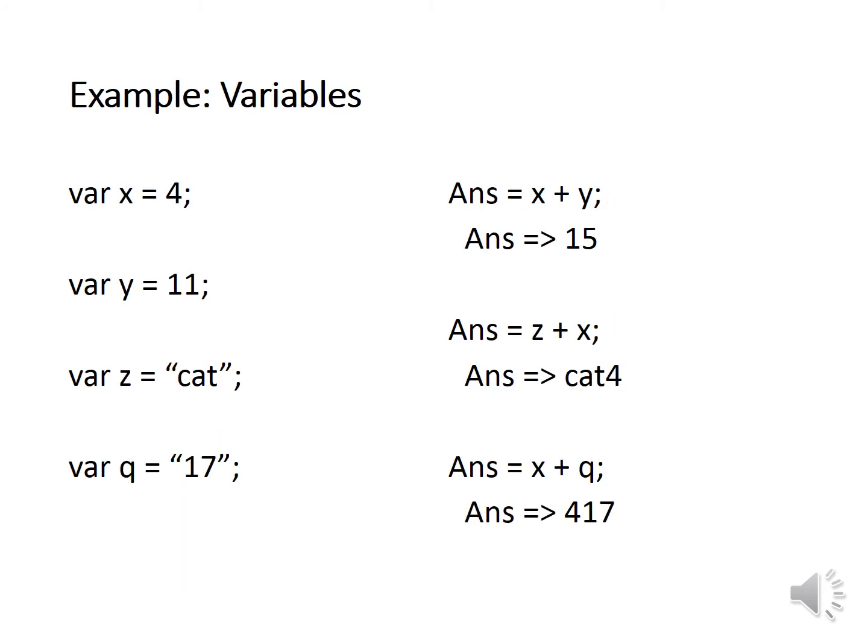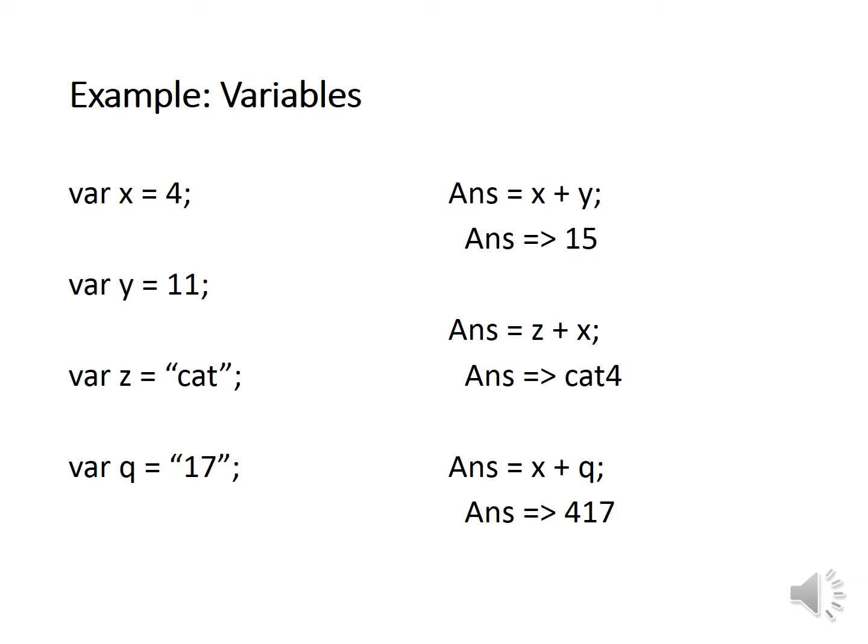That's it. So that is implicit data type. Examples of variables: for example, var x = 4, and here we take x + y is equal to something, so we get 15. Next, y = 11. Next, z = "cat", so z + x means "cat" and 4.